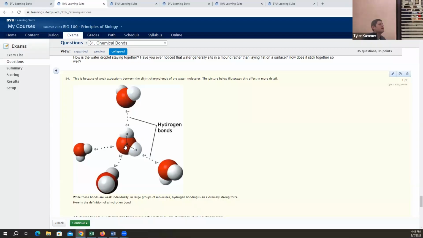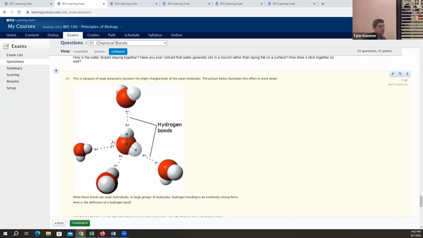Instead, it's a bond between molecules, not within, but between. The partial negatively charged oxygen is going to be attracted to the partially positively charged hydrogen end of this water molecule. And that's going to form the weakest of the 3 types of bonds, this partial attraction between them.